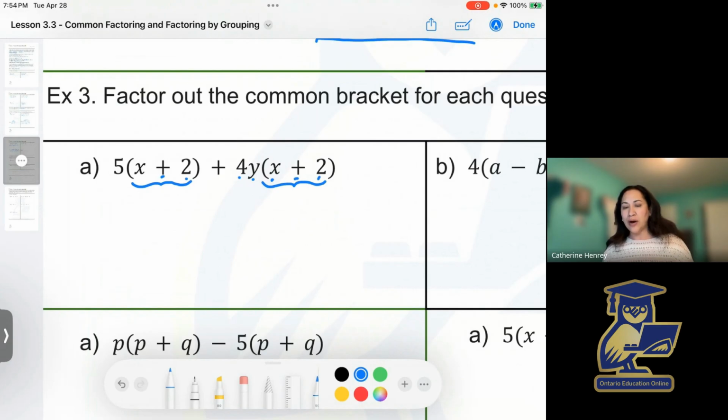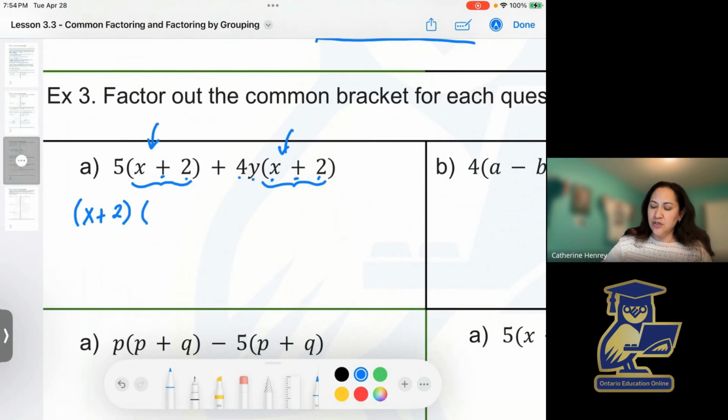So that bracket is common to both terms, which means I can factor it out here. I'm removing it from the first term and from the second term. And now we'll see what's left over. So 5 times (x plus 2) divided by (x plus 2) is going to leave me with 5. And then 4y times (x plus 2) divided by (x plus 2) is going to leave me with 4y.